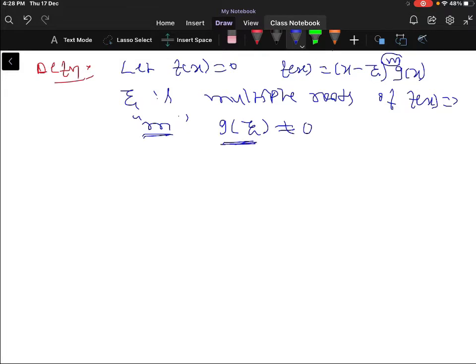Suppose if g of xi is equal to 0, then xi is a multiple root of multiplicity m plus 1. So therefore let us take the condition g of xi is not equal to 0.